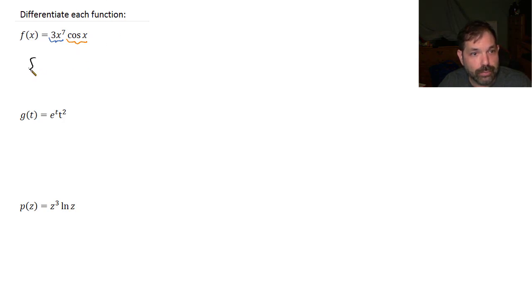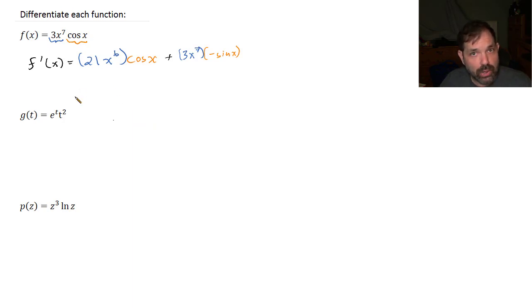Then the derivative, f prime of x, would be equal to differentiating the first factor, that would be 21x to the 6th, leave the second factor alone, times cosine x, plus leave the first factor alone, 3x to the 7th, differentiate the second function, negative sine x, the derivative of a cosine being negative sine.